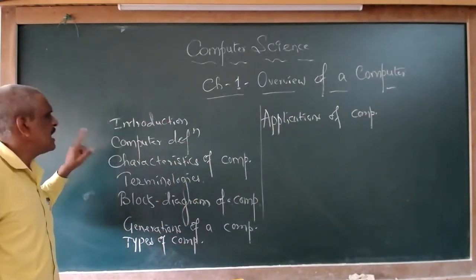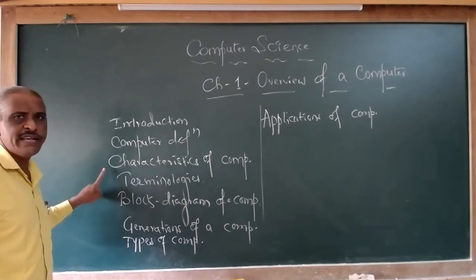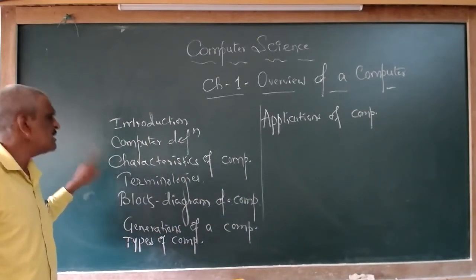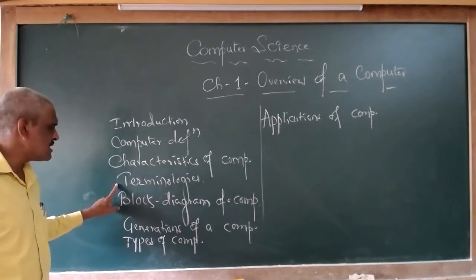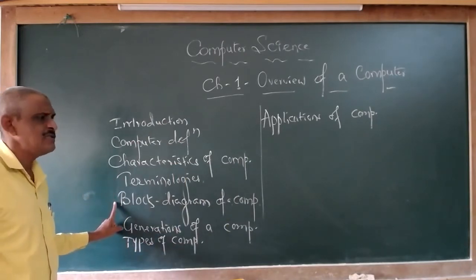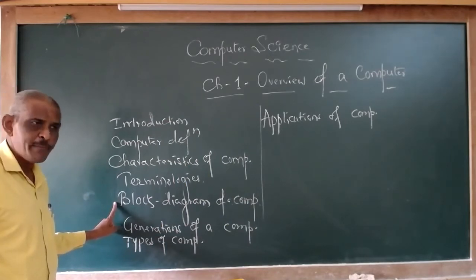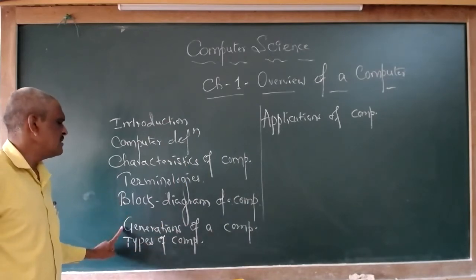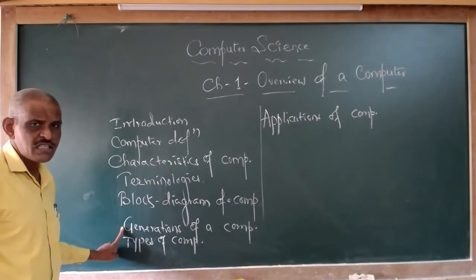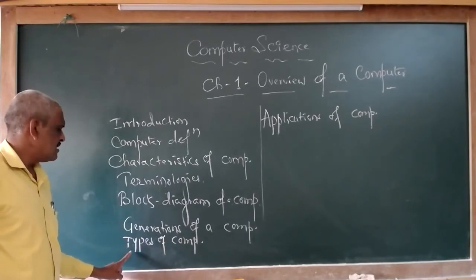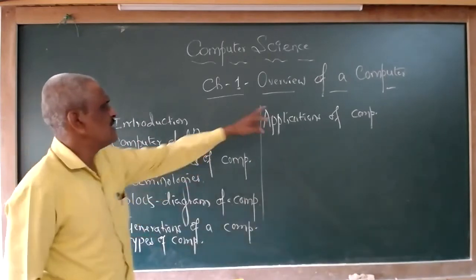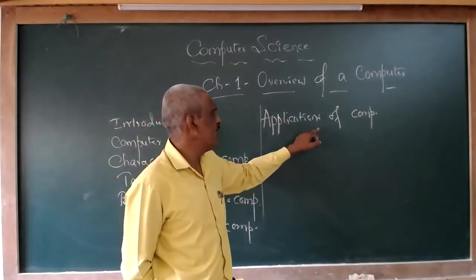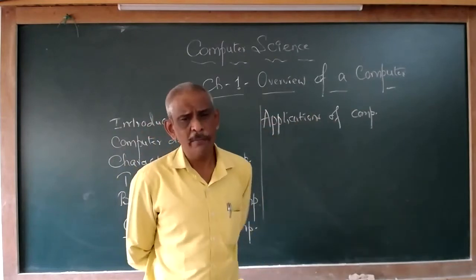After you know what a computer is, we move on to the characteristics of computer, then some terms used in computer science, then the block diagram of computers, then the generations of computers, types of computers, this is nothing but the history of computers. Then at the end we can conclude with the applications of computers.